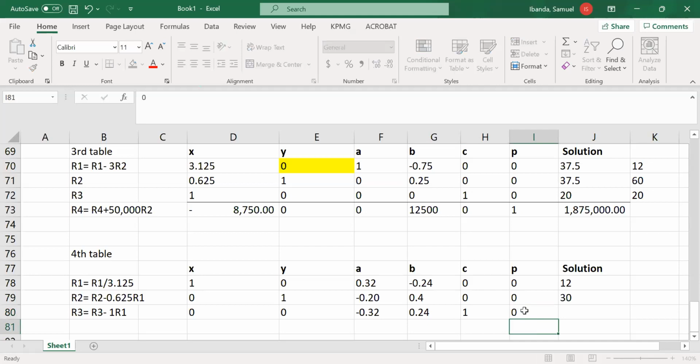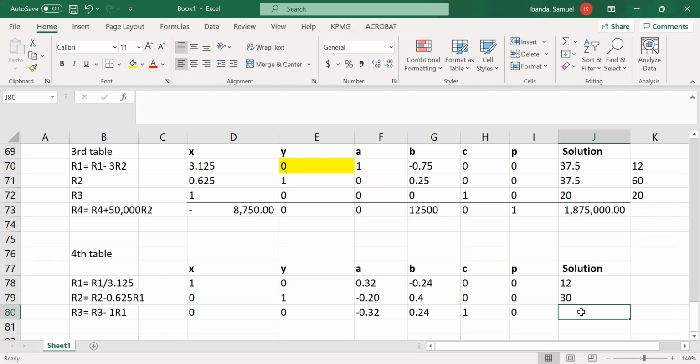So this will be 0. And then when it comes to the next one, 30, R3 will equal, remember we have 20 up here. Our old R3 is this, minus R1, which is 12, or 1 times 12, which gives you 8. So that is what you basically have.